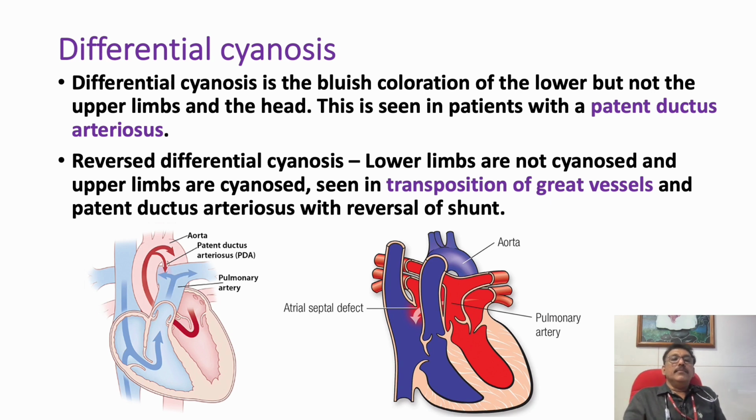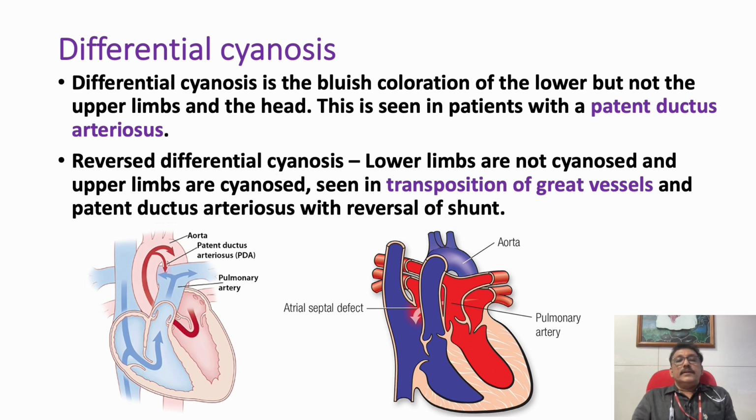Lower limbs will be bluish because after the PDA, blood will be mixed with venous blood, and that produces blue color in the lower limbs, and upper limbs and head will be red in color because before the PDA that supplies the head and upper limbs. That's why upper part will be red and lower part will be blue.